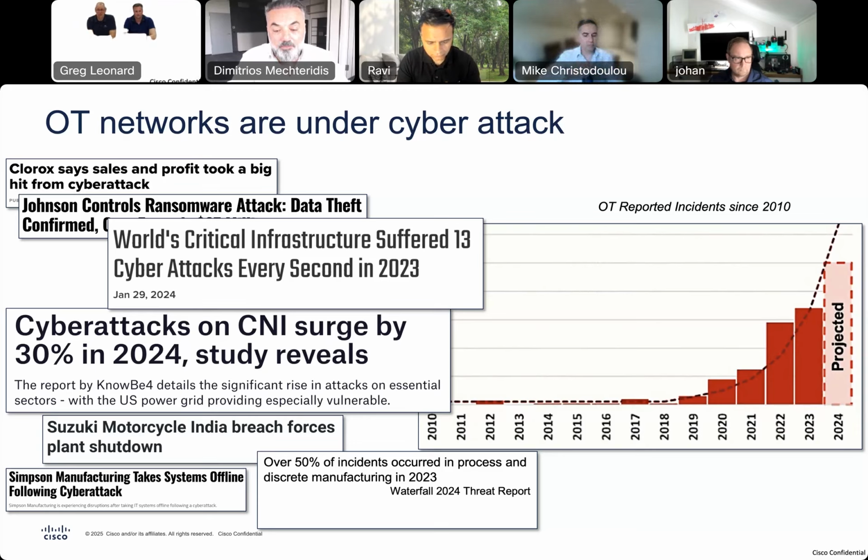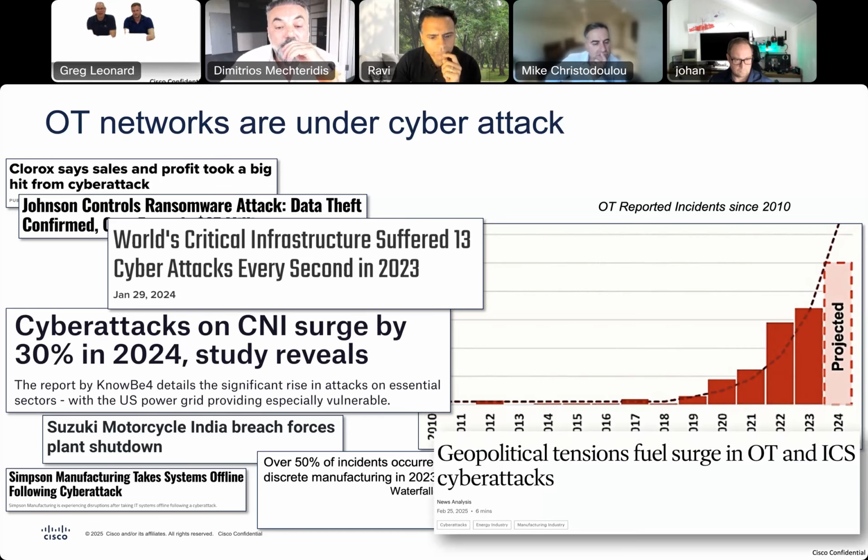Bad actors are better equipped to infiltrate these OT networks, whilst the networks themselves have largely remained the same in terms of security. And it's sad to consider, but there is hardly a month that goes by now where there isn't a major cybersecurity attack that shows up in the media. And the recent changes in the geopolitical situation is likely going to make matters worse, unfortunately.